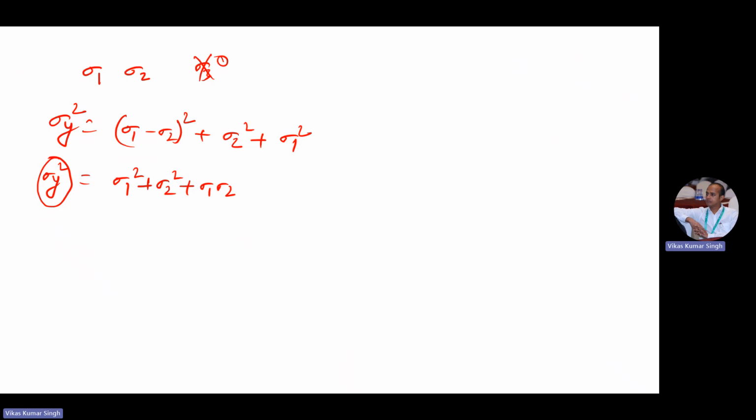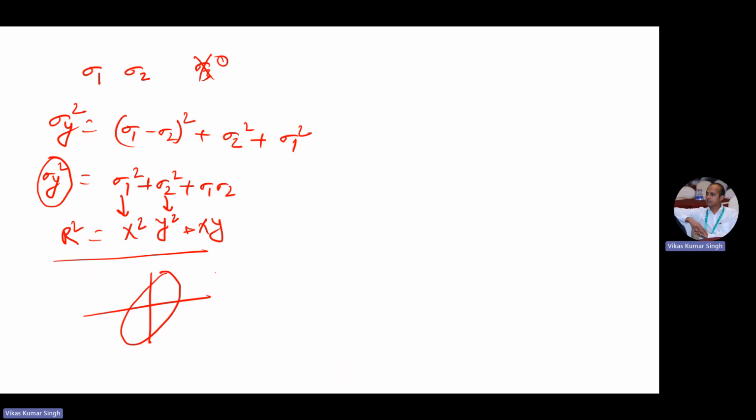There is a certain amount of stress after which the material will fail. Here we have sigma 1 and sigma 2 as variables, suppose x and y. So the equation becomes x square plus y square plus x into y equal to some constant, suppose r square. This is the equation of an ellipse.